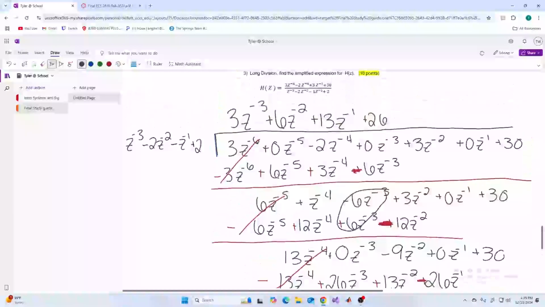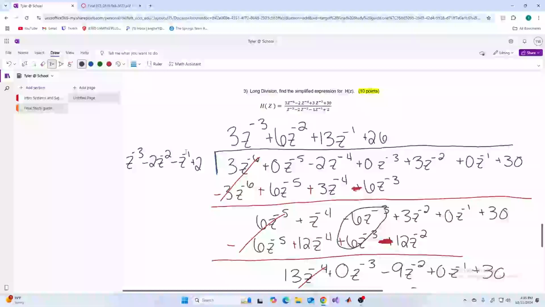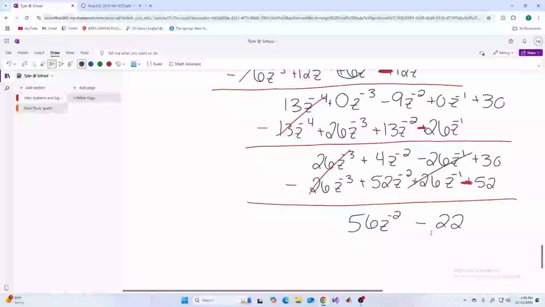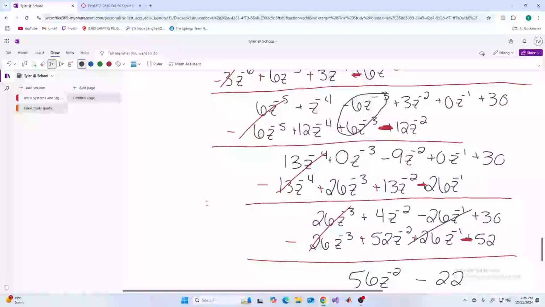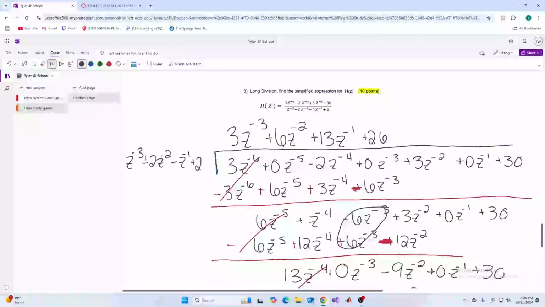Now, notice, I really can't multiply anything by this to get this value here. So I'm going to leave this alone.